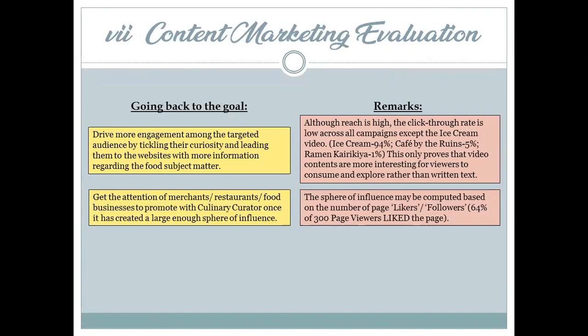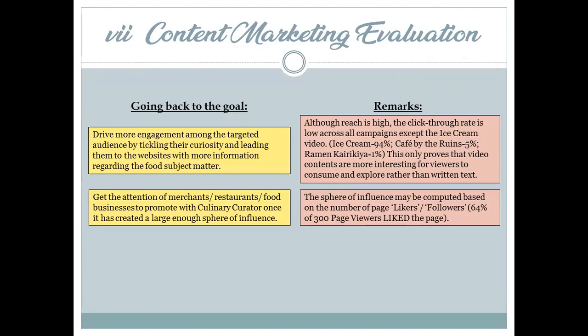So what Culinary Curator could do is increase its number of likers and followers, because that could be one gauge of its sphere of influence, on top of the engagement activities of liking, posting, sharing, creating conversations or participating in conversations.